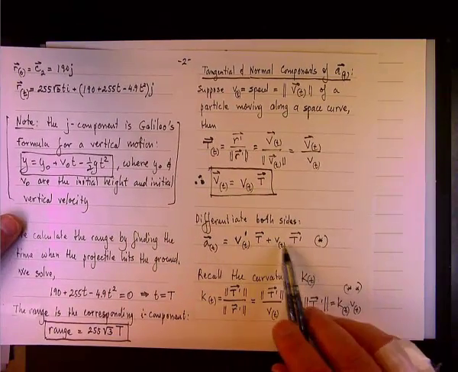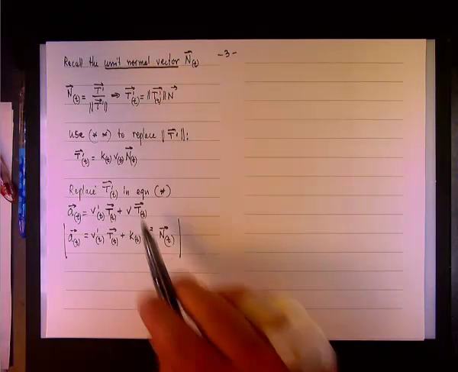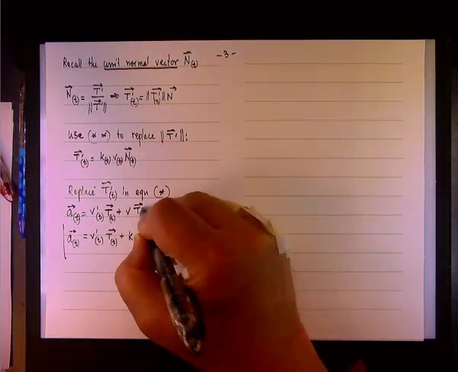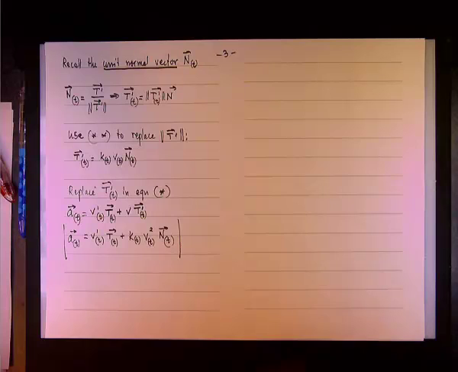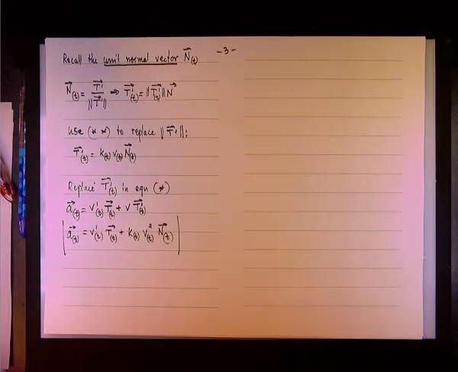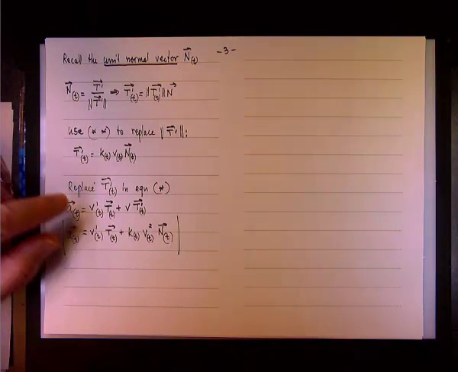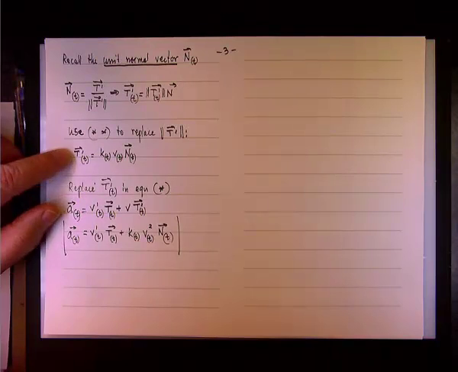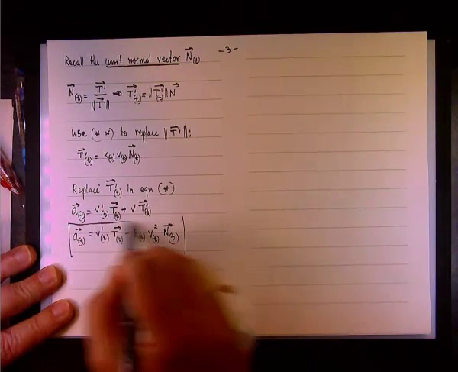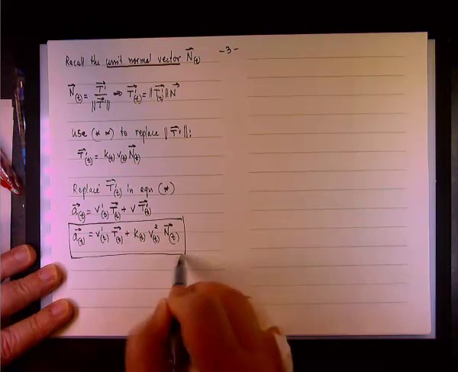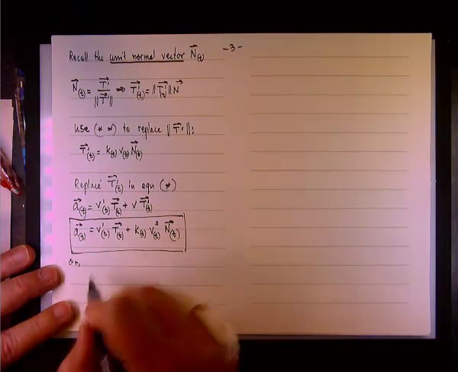It's all function of t. So now we replace that with this, and we have k of t, v squared of t, n. And that's it. And so we have a tangential component and a normal component. Okay?